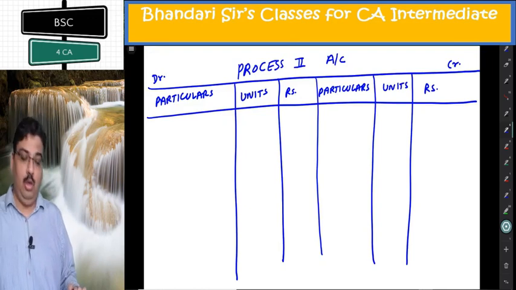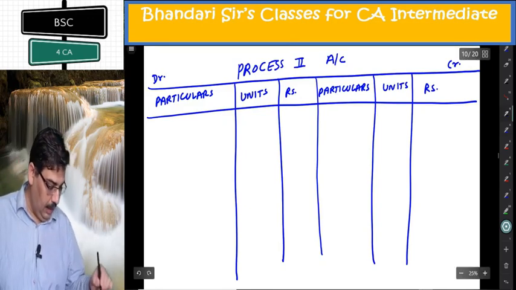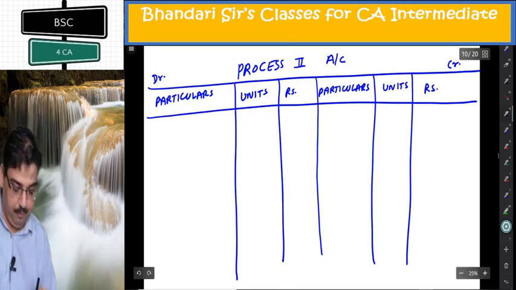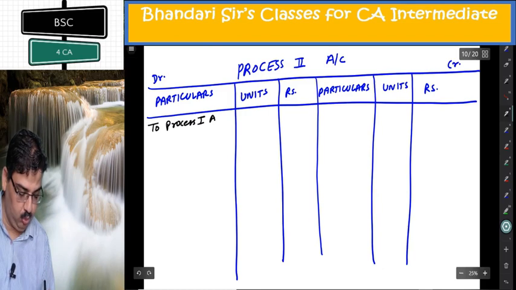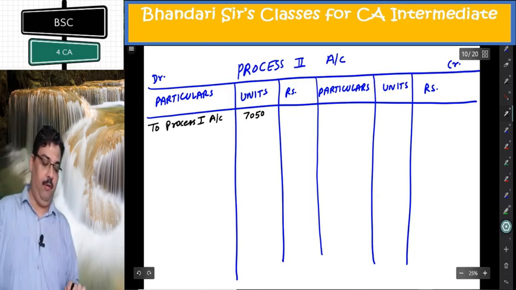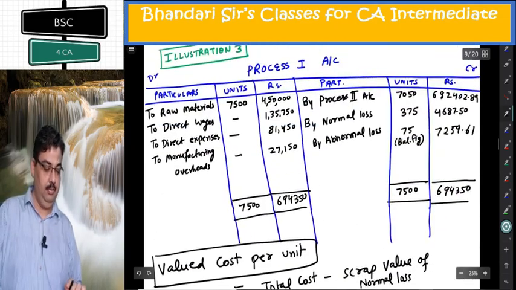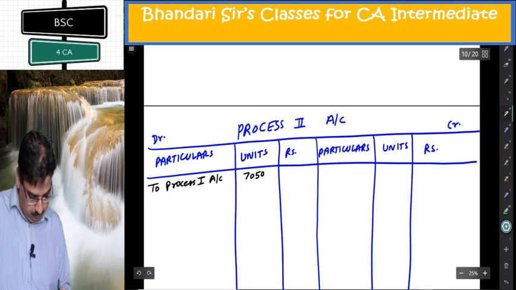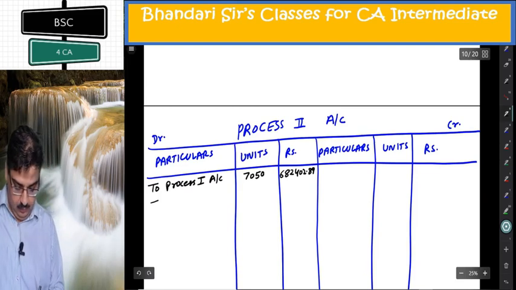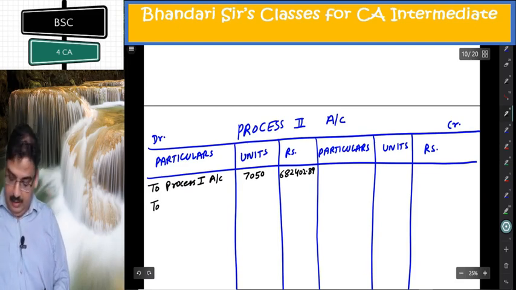So in the process 2 account, in the proper format that I have created, I'll start from process 1 inputs. To process 1 account, 7050 units, they transferred 682,402.89. There is no further material.